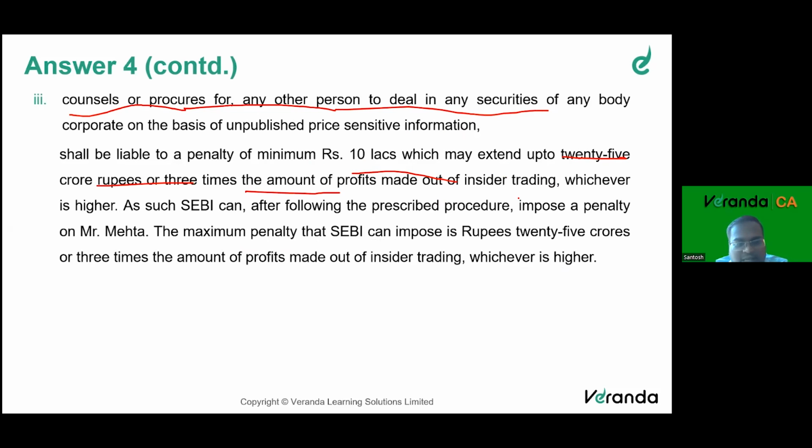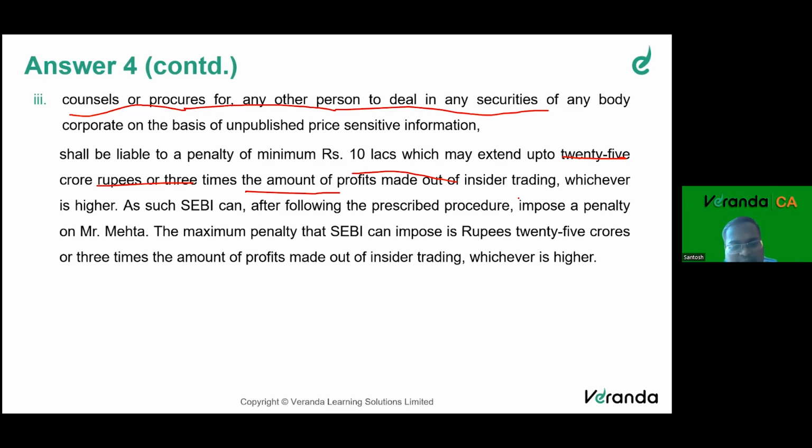So that's a huge amount. At the end of the day, you have to pay 3 times the profits that you make as a penalty, or a minimum of 10 lakhs, which may extend to 25 crores, or 3 times the profits, whichever is higher.